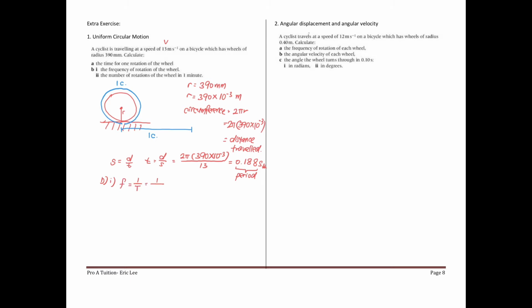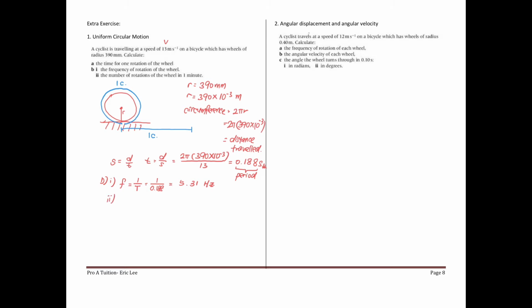So you have 1 over 0.188, and of course you have to keep the full decimals of these answers in your calculator, and you just press 1 over answer. That means you do 1 over the period with full decimals, and because of that you will get an accurate answer of 5.31 hertz.